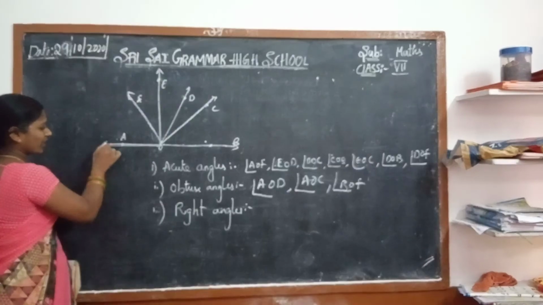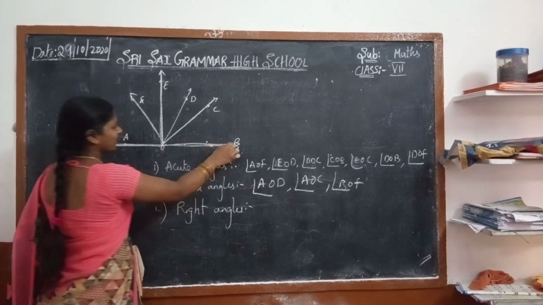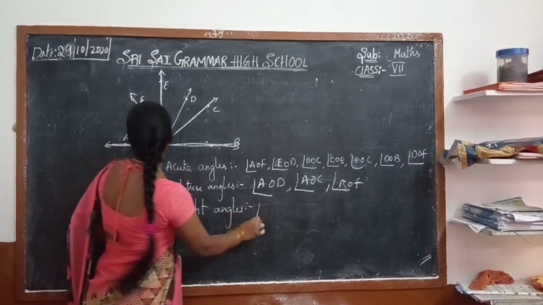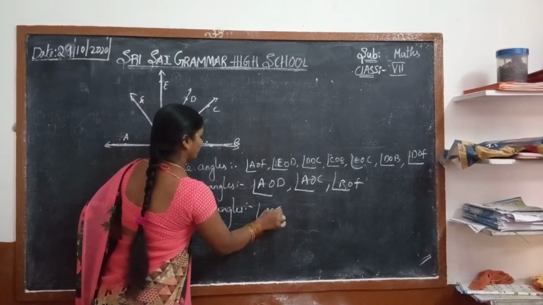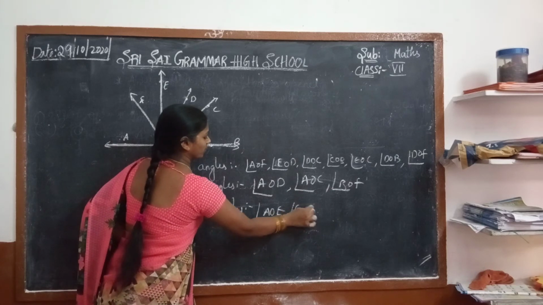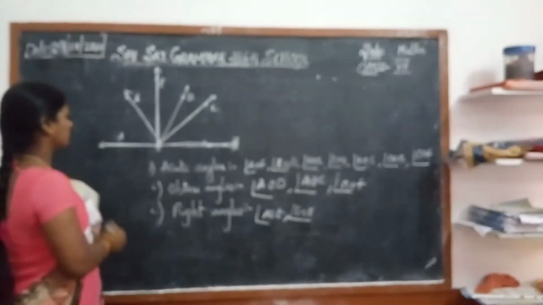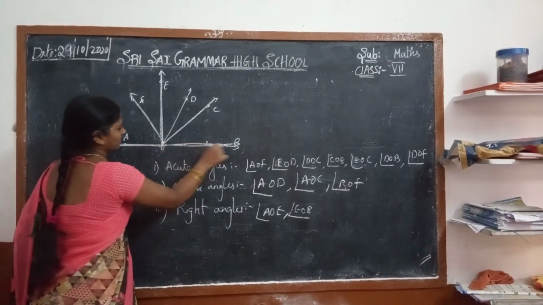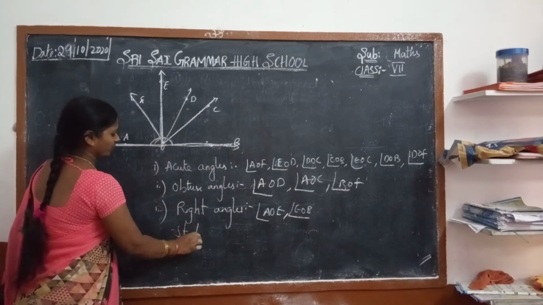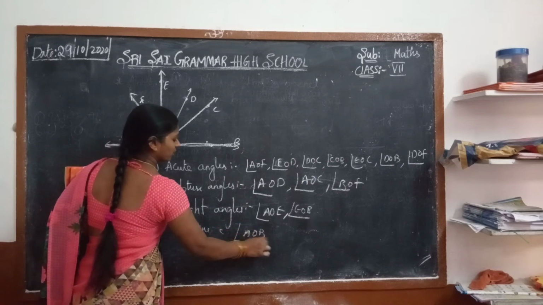Now, right angles can be seen here. See, how many right angles which are in L shape? Angle AOE, angle EO. These are the right angles formed. And also a straight line can be found like this. It is a straight line, that is nothing but angle AOE.